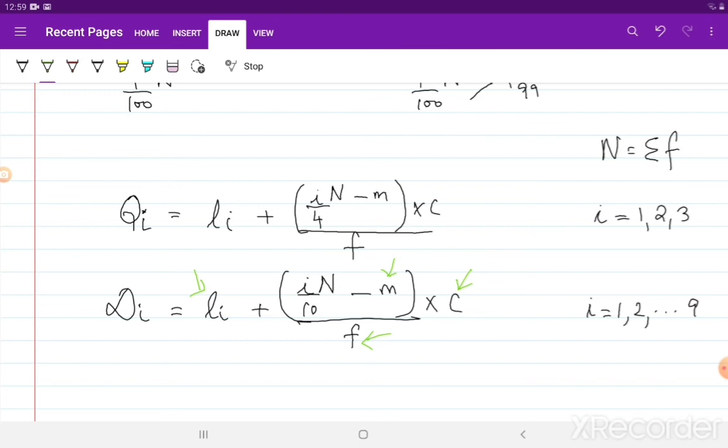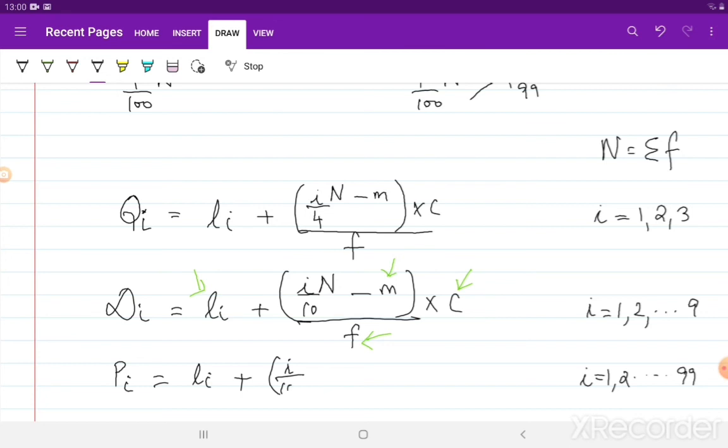Now similar to this formula, we can also write a formula for percentile. For percentile, the values of I will go from 1, 2 and so on till 99. Right, there are 99 percentile values that you can calculate. The formula is similar. Li is the lower limit of the percentile class that we are concerned with.